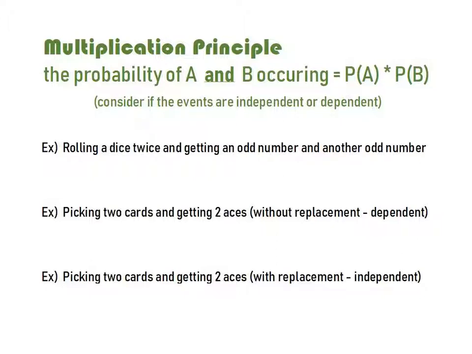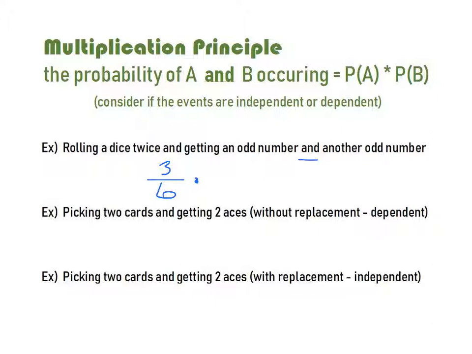Let's look at rolling a die twice and getting an odd number and then another odd number. You start off with the first one, the probability that I get an odd. Well, there are 3 successful outcomes, 1, 3, and 5, out of 6 total possible outcomes. And so I'm going to multiply by another odd number.